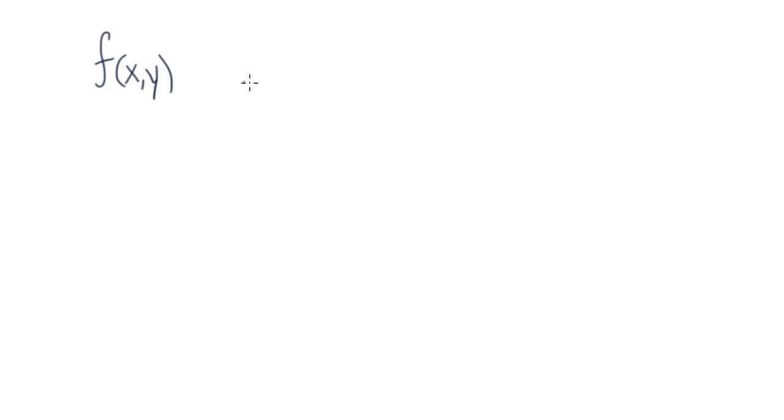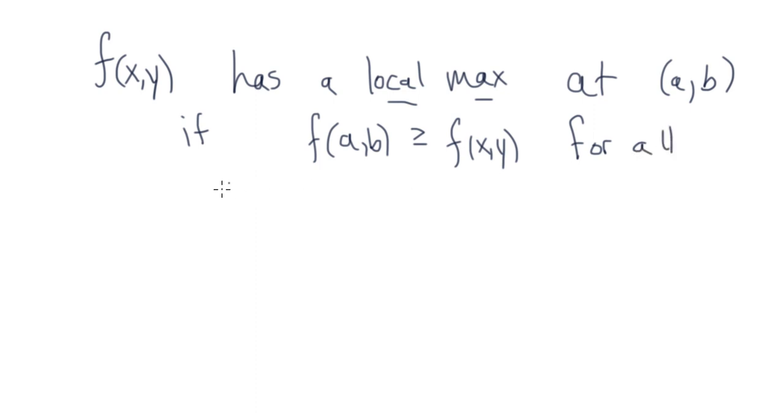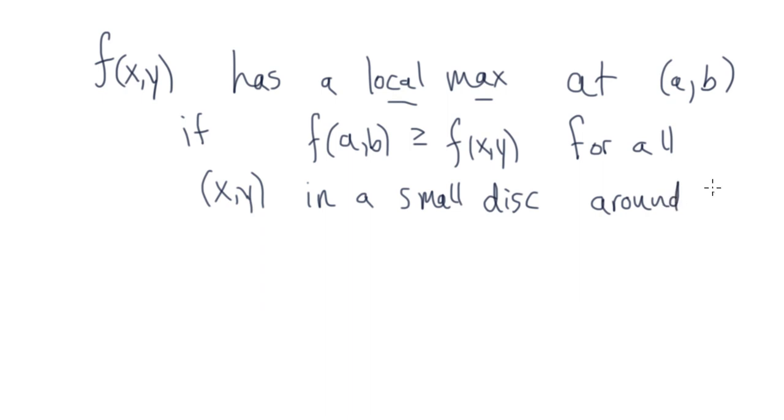We say that f of x, y has a local max at some point (a, b) if f of (a, b) is greater than or equal to f of (x, y) for all points (x, y), and I'm going to be a little bit imprecise here, in a small disk around (a, b).